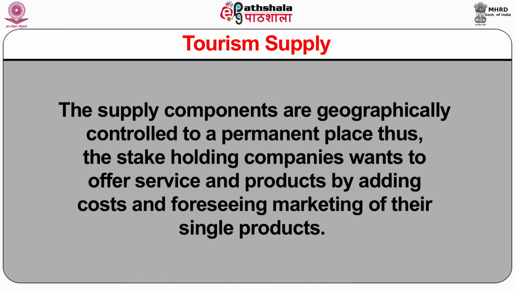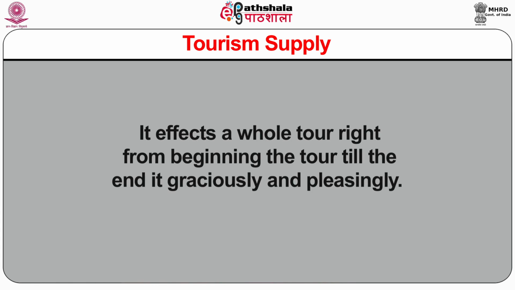The supply components are geographically fixed to a permanent place, thus the stakeholding companies want to offer services and products by adding costs and foreseeing marketing of their single products. It affects a whole tour right from the beginning till the end.